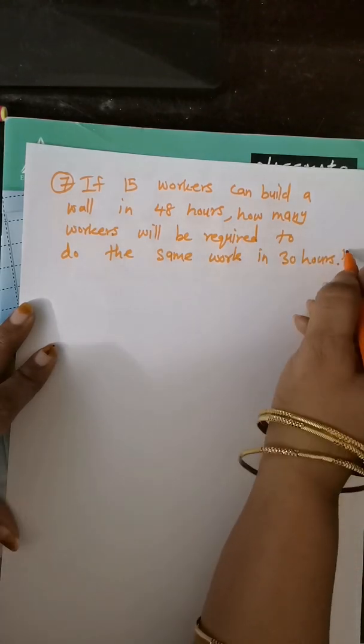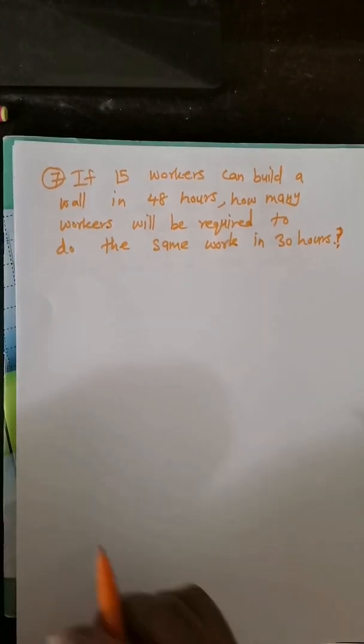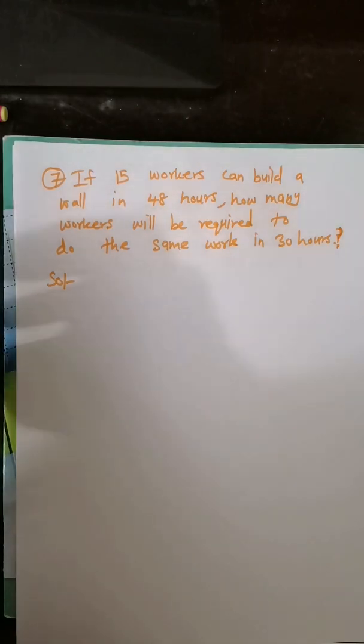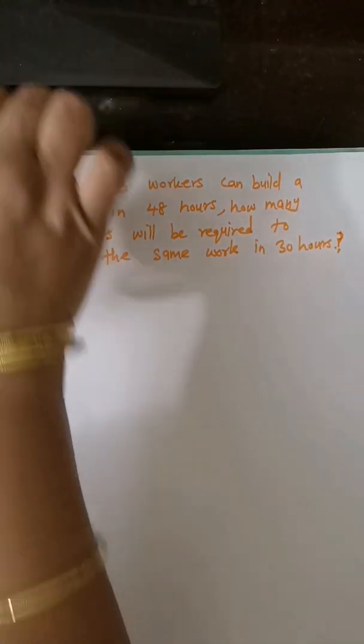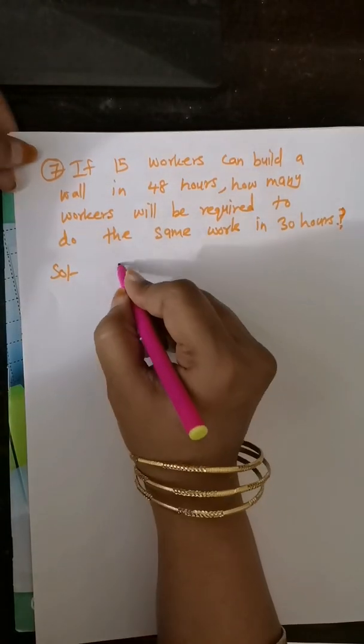Okay, if you decrease the time, what will happen? The number of workers increases. So here one is increasing, another is decreasing. So the sum is based on inverse proportion.